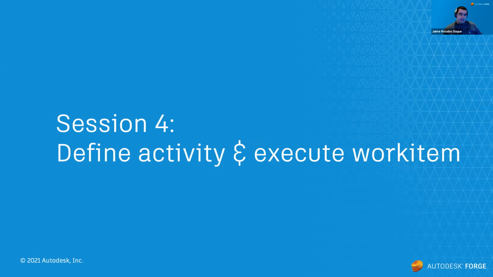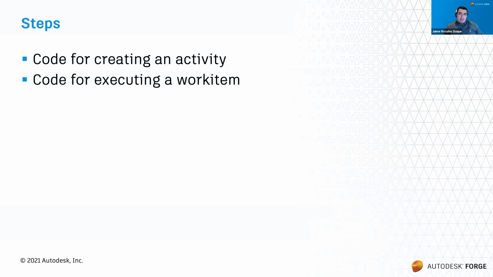So definition of the activity and also the execution of the work item is what's next. We will be looking into the code for the creation of that activity. Basically, we're defining and letting the server know what we want to happen whenever we send the data to the server itself, and then just start executing that action with the work item in there.